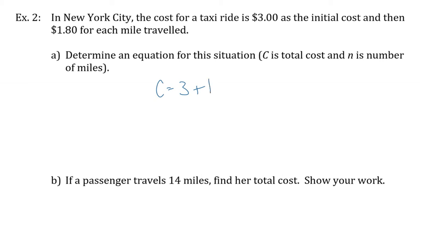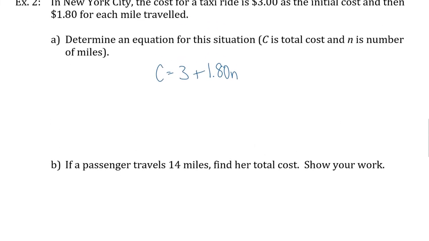So I'm just going to put 1.80 times the number of miles because it's the cost for each mile. So the more miles you go, the more times you're going to pay the $1.80, right? And so there is our equation or formula for this situation, for this relationship, for this taxi company.